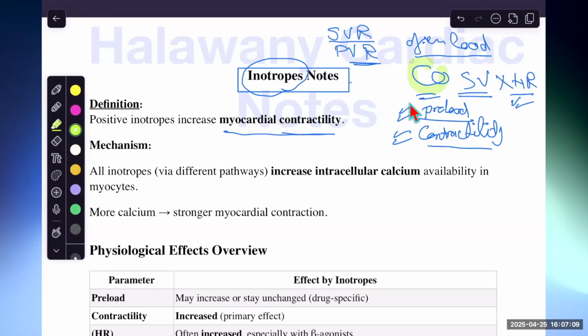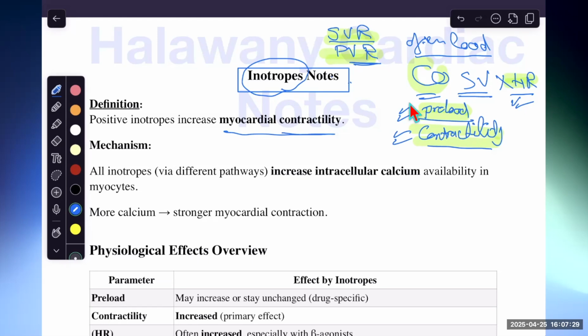As you see, there are many items to be covered, like contractility, the preload, the heart rate, the afterload, PVR, SVR.